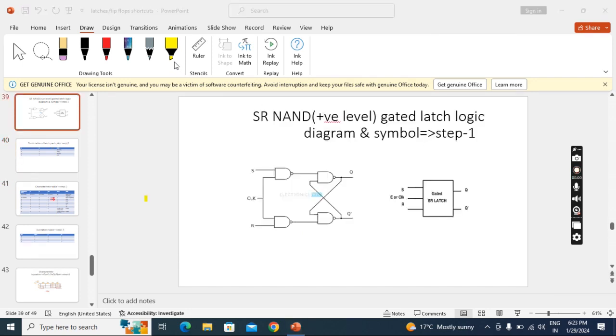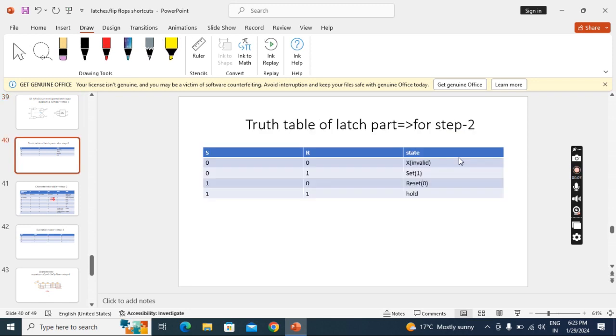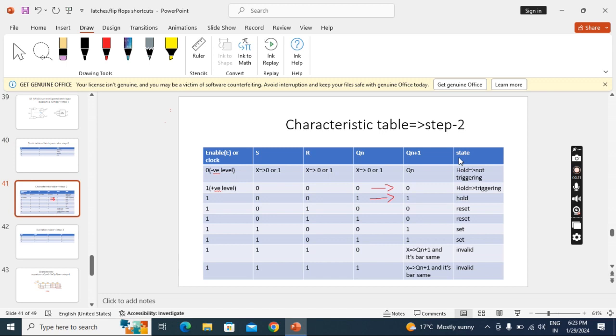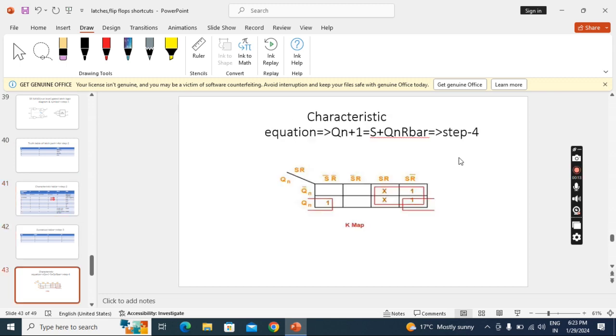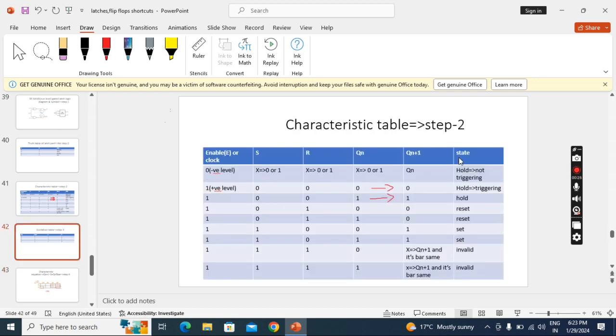This is step 1, step 2, then step 3, step 4. All four steps are common to gated latches and flip-flops, both. Now we'll see how to do the characteristic table.